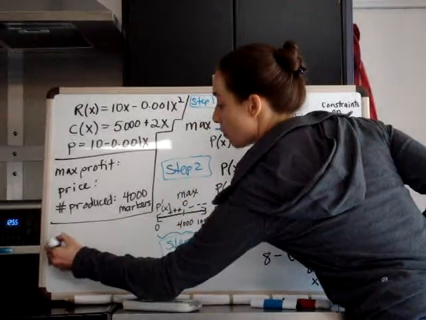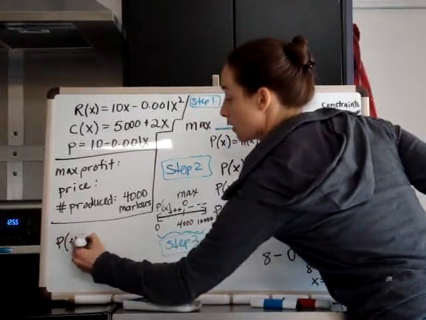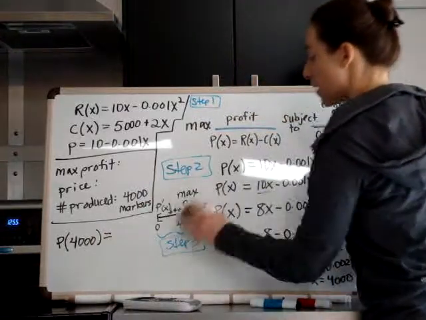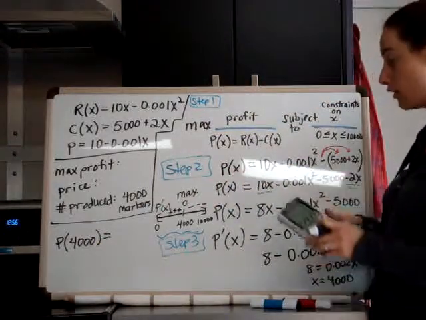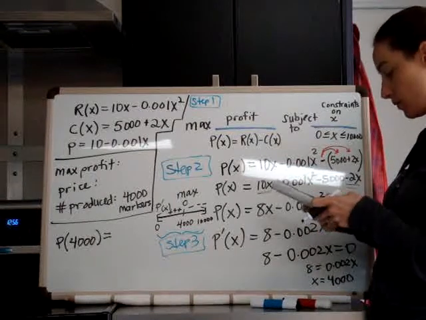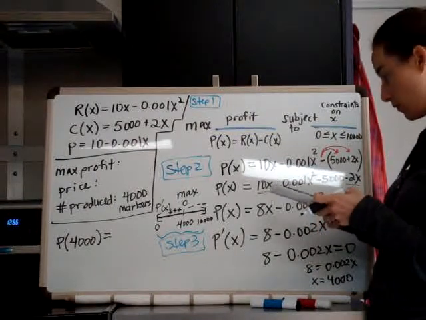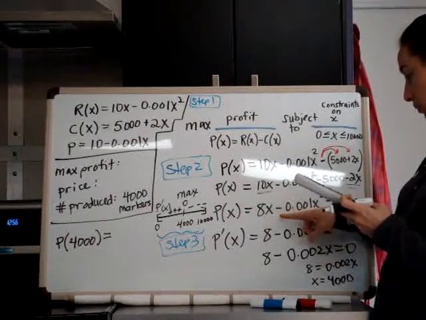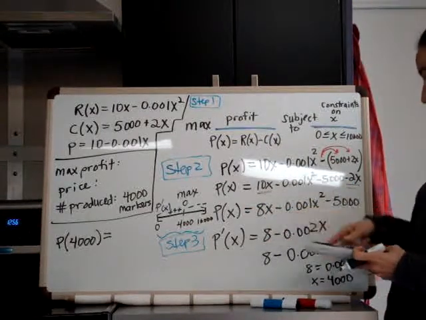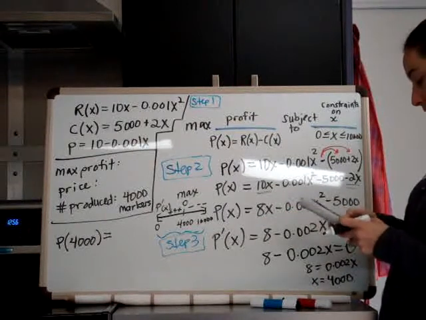So I'm going to find profit of 4,000. To save space, I'm not going to write it all out, but I'm plugging that 4,000 into the profit function. I'm going to plug it into the most simplified version, so I'm going to plug it into this one right here, because it's the most simplified.